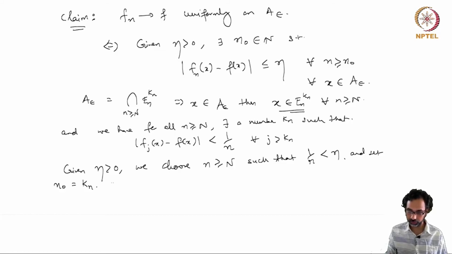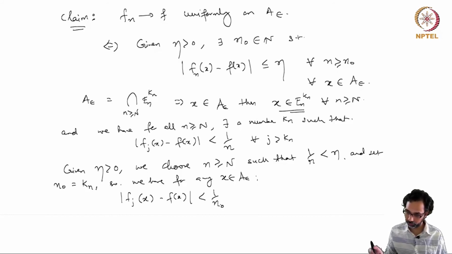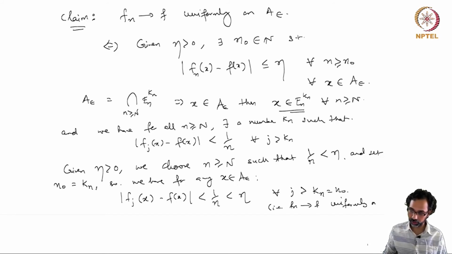So we have for any x in A epsilon that the modulus of f_j(x) minus f(x) is less than 1 over n, which is less than eta, and this holds for all j greater than k_n, which is n naught, and this proves that f_n converges to f uniformly on A epsilon.